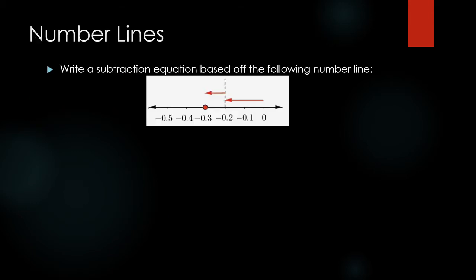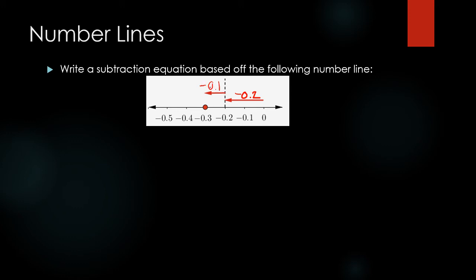Using number lines, so writing a subtraction equation based off the following number line. Remember, 0 is where you start. So I'm starting at 0, and I'm going back 0.2. Since I'm going backwards 0.2, it's negative 0.2. And then here I'm going from negative 0.2 to negative 0.3, so I'm moving back 0.1.